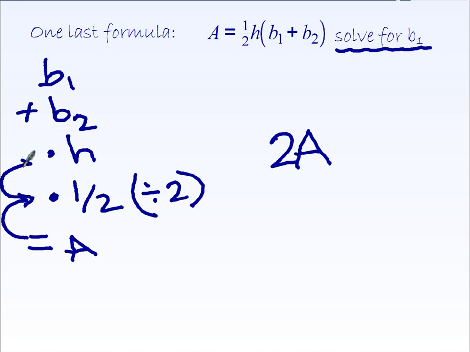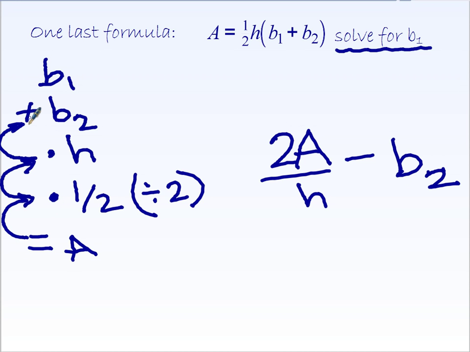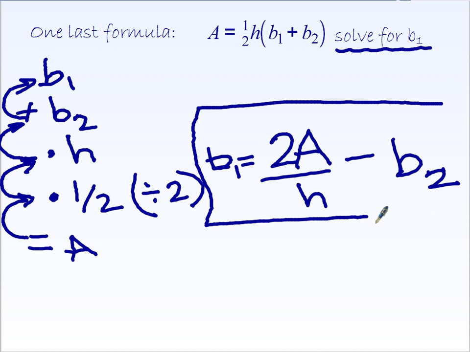The opposite of multiplying by H is dividing by H. The opposite of adding B2 is subtracting B2. And then finally, the opposite of starting with B1 is ending with B1. And we just rearranged that entire formula to solve for B1.